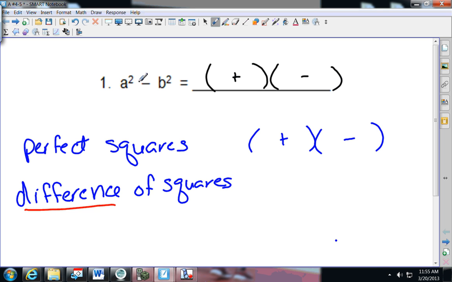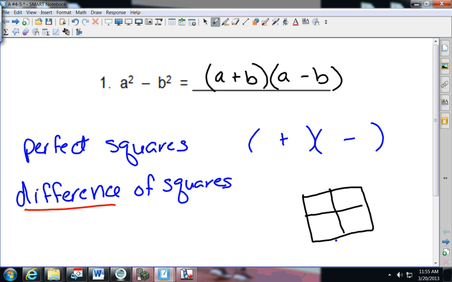Well, a squared splits up as a and a. B squared splits up as b and b. This is what my answer is because when I go through, say that I try to multiply it, a plus b and a minus b.